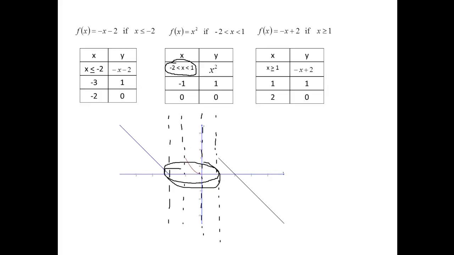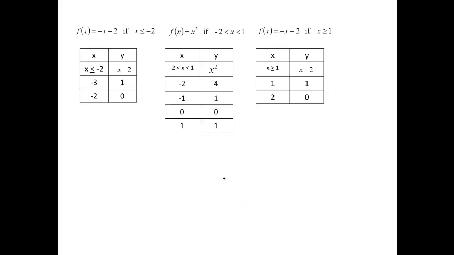So what we would really need to do is continue this parabola trend however far we need to. But the thing is that it would stop when we get to where x is -2 and x is 1.